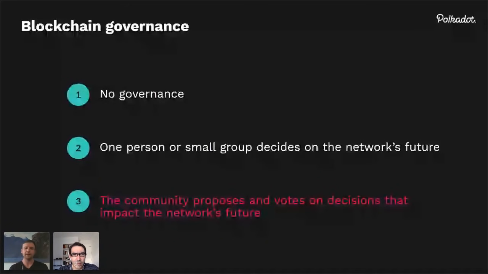Where Polkadot is taking this is to a point where the community, the contributors, or the actual token holders have the ability to propose things, to vote on decisions, to even vote on a council of people that are their representatives, just like you see in democratic systems in governments around the world right now.